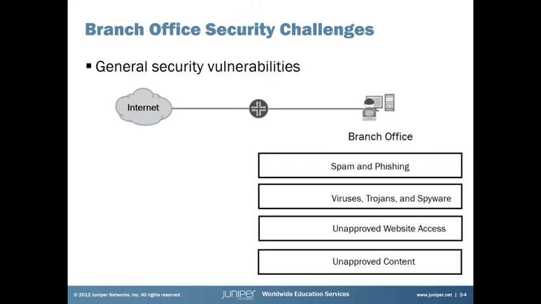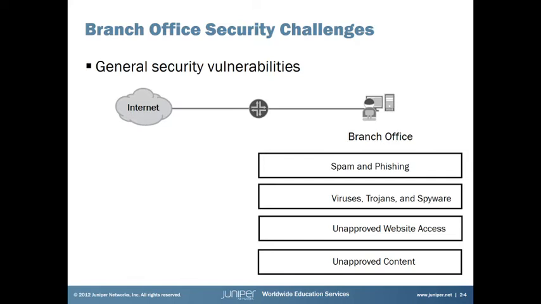Then you think, well, I want to take care of my viruses as well, right there at the gateway. Yeah, it's a good idea, but then you have to start thinking about what type of device you need to handle all the stuff that you want it to do. You do have to bear that in mind. And at that point, it's probably good to start talking to your Juniper product experts who can say, well, if you're going to want all of that, then you're going to need this device.